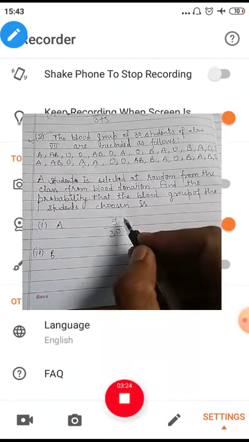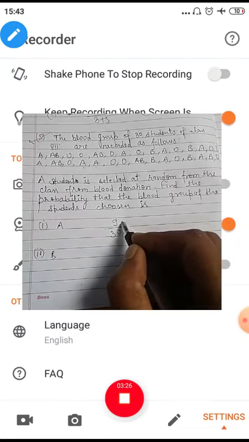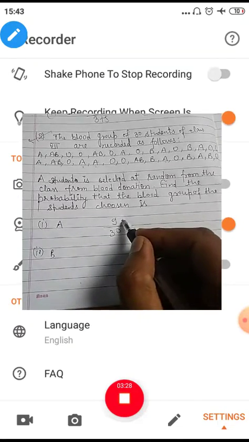Okay, so there are 9 students whose blood group is A.